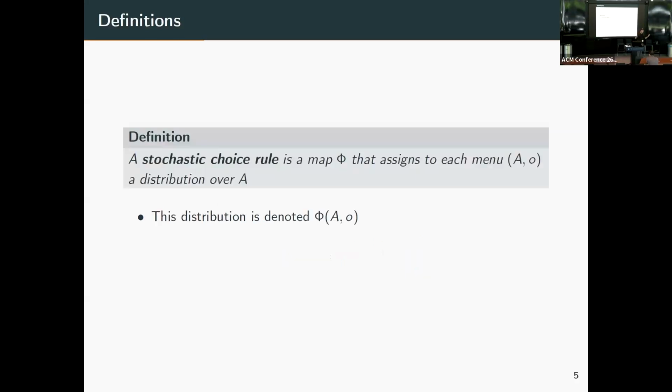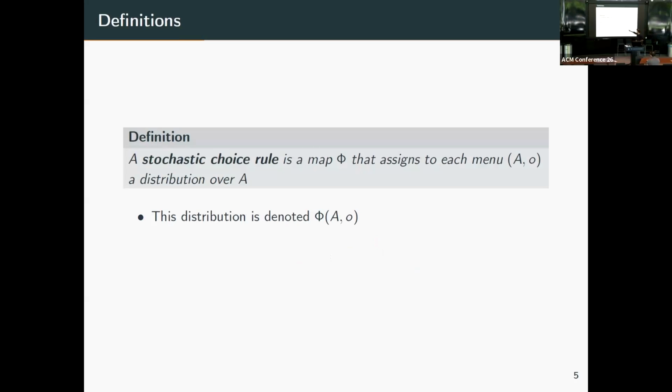The behavior of an individual across all these universal menus is represented by a stochastic choice rule. So a stochastic choice rule phi takes a menu as an input and outputs a probability distribution over the set of actions.